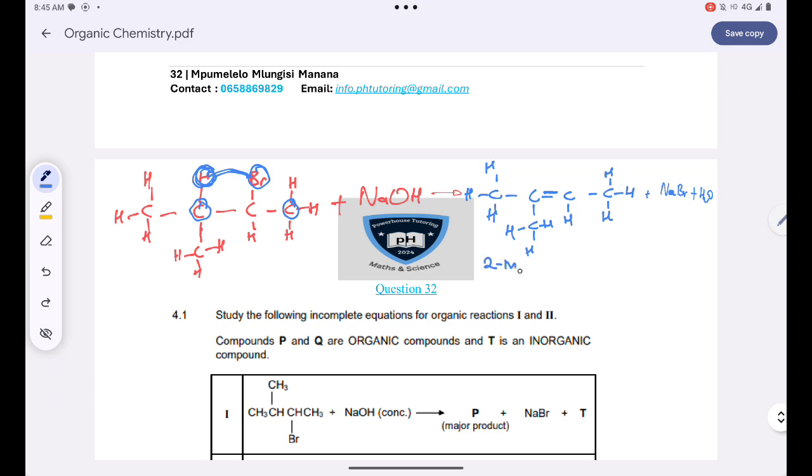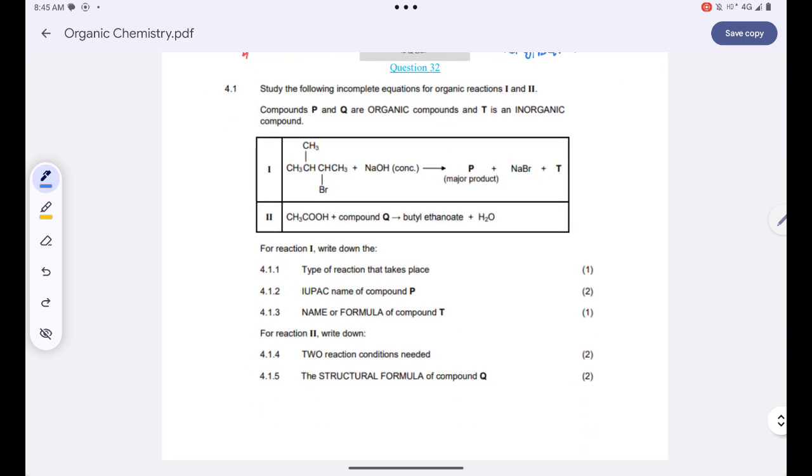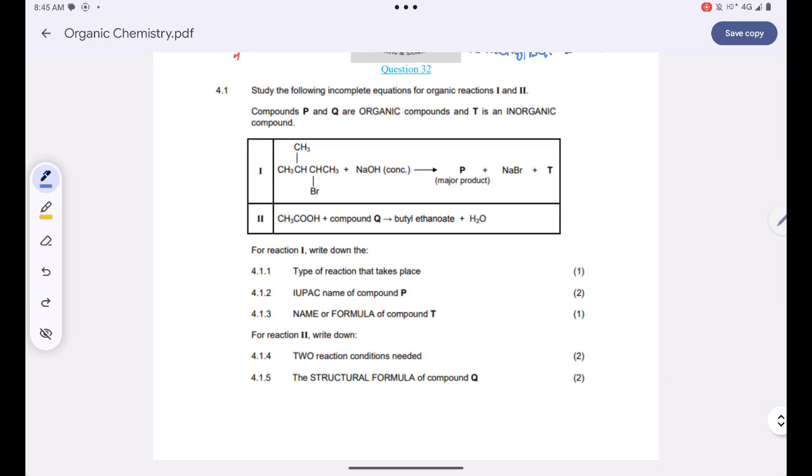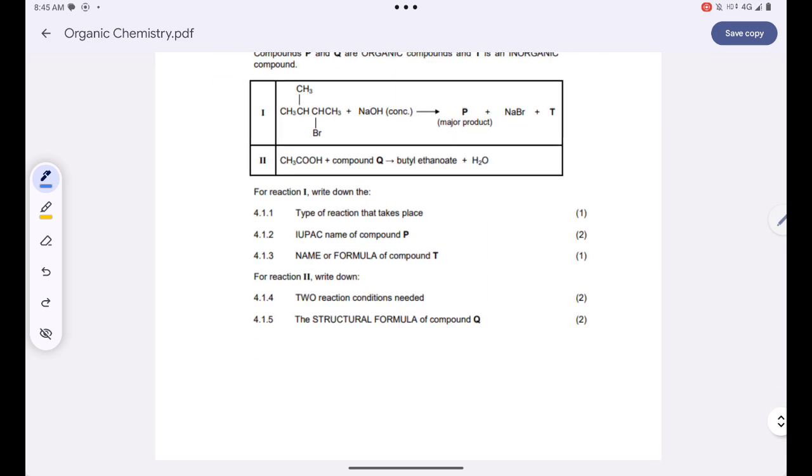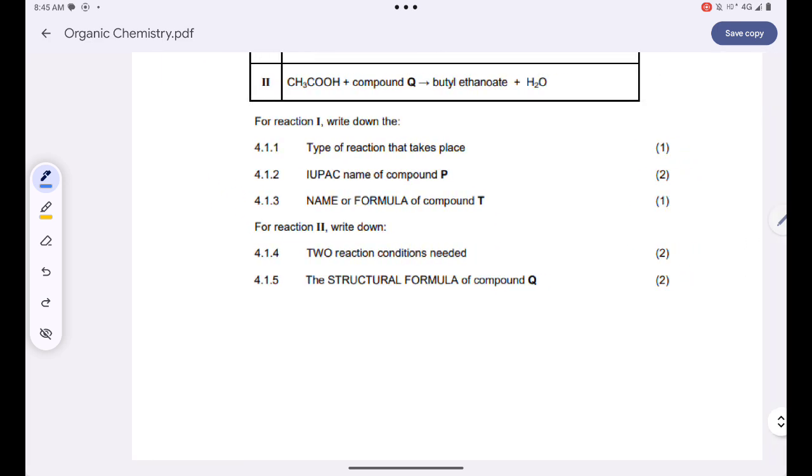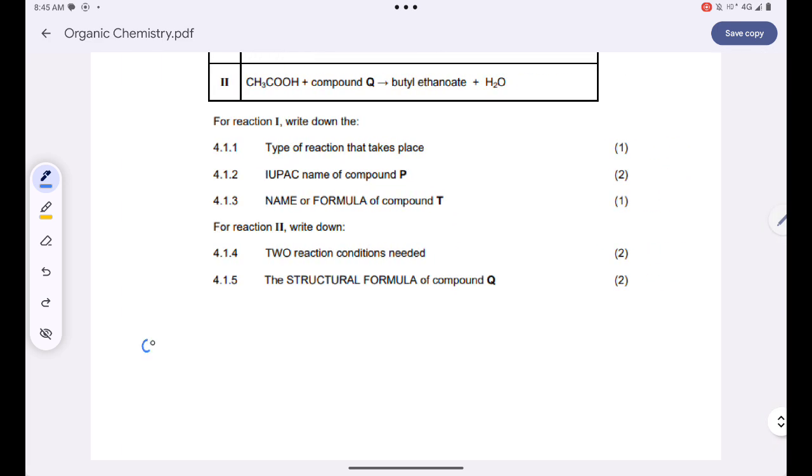Whenever we name this major product, we'll simply say it's 2-methylbut-2-ene. For reaction 2, this is ethanoic acid reacted with a primary alcohol to form butyl ethanoate.